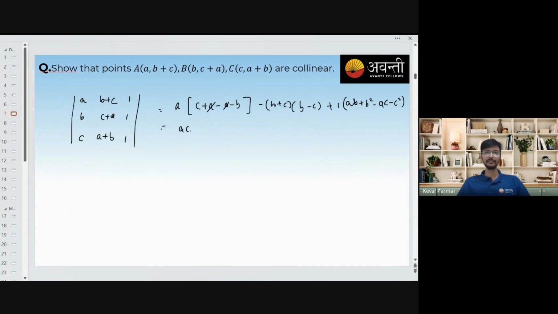So I'll get AC minus AB minus B square plus C square plus AB plus B square minus AC minus C square. If you can see, all of this will get cancelled. That means this will be equal to 0. That means the points are collinear.